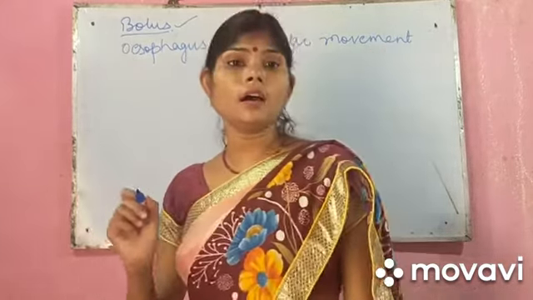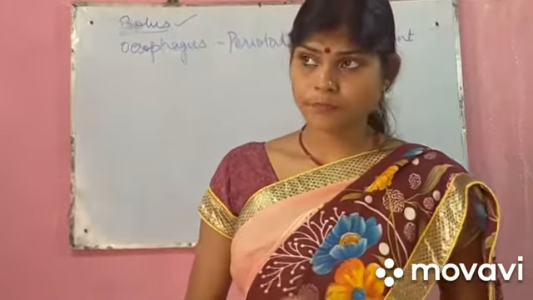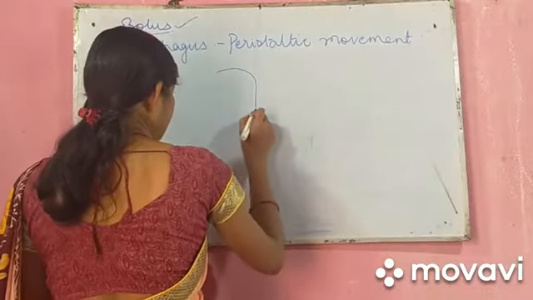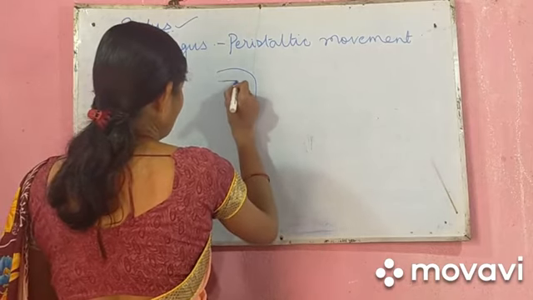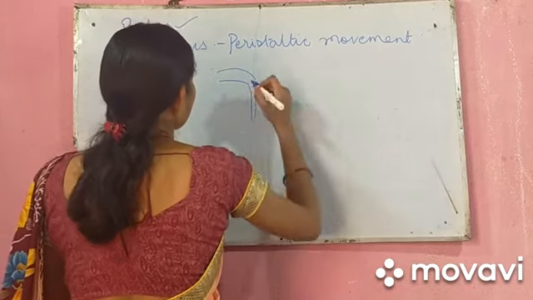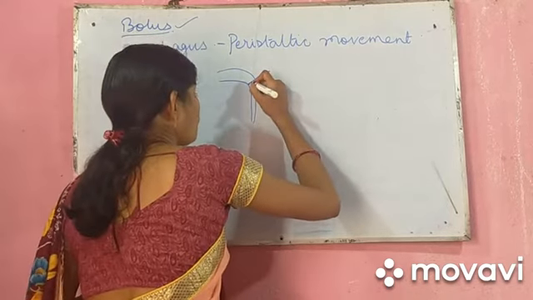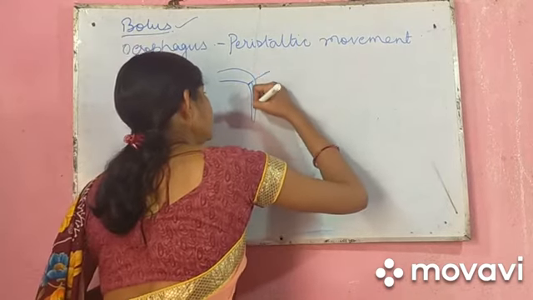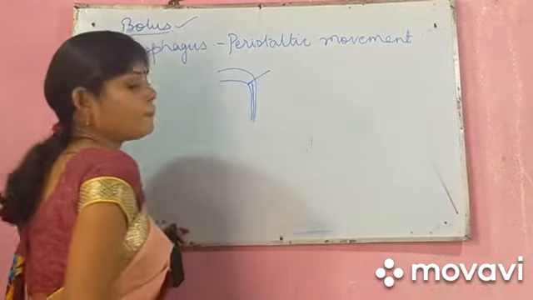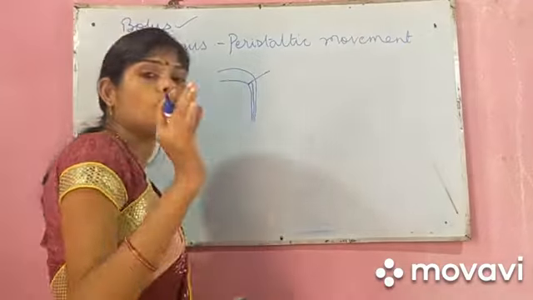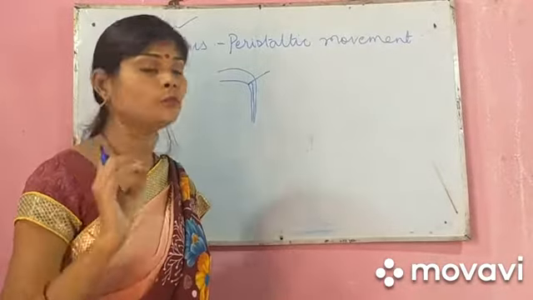But here a question arises. This is our mouth part. Here is our pharynx part. The pharynx is a common passage for both air and food.